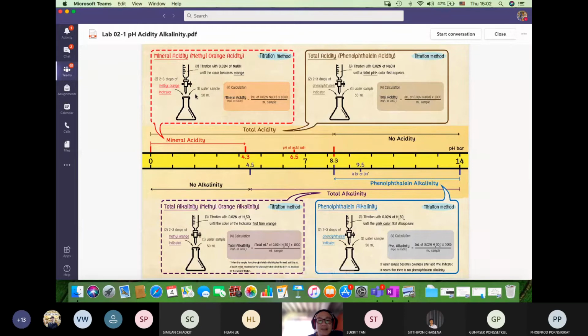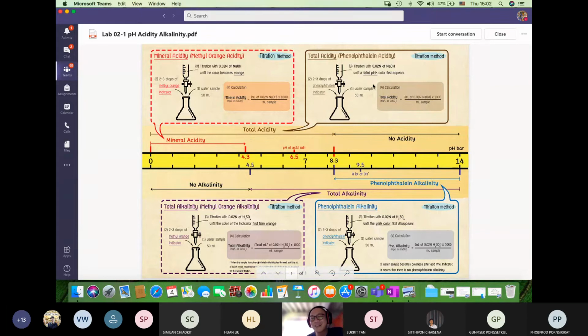For mineral acidity, the indicator that we add is methyl orange. This indicator changes color at a pH of around 4.5, in fact 4.3 to 4.5.